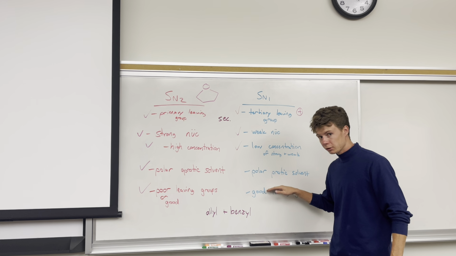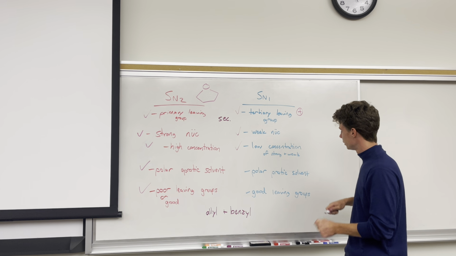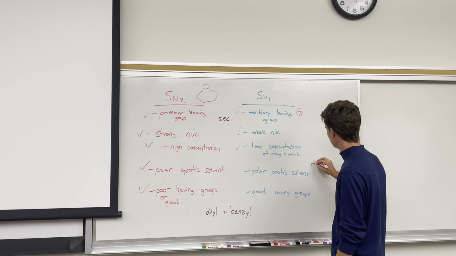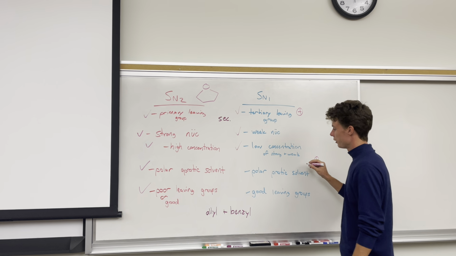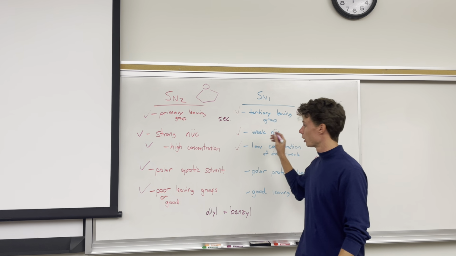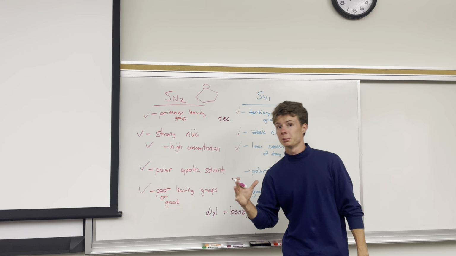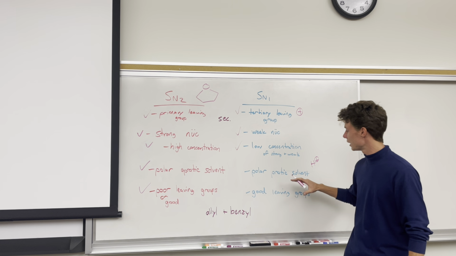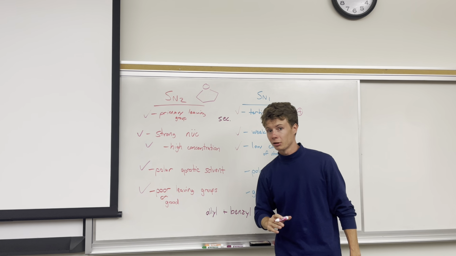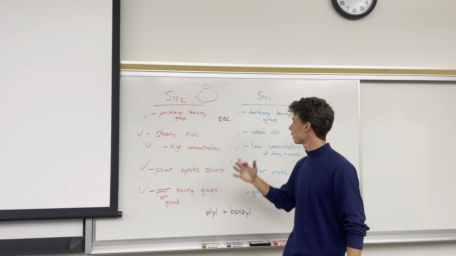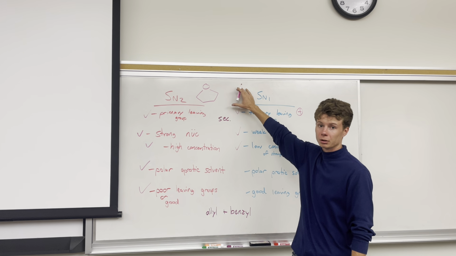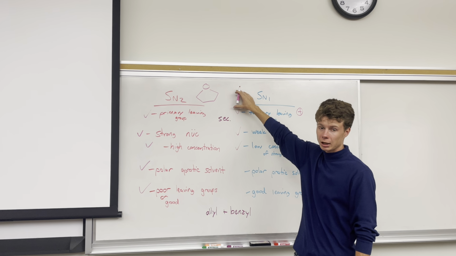Polar protic solvents, so now we have a solvent that is going to interfere with our nucleophiles, okay? It's going to weaken our nucleophiles because some of those nucleophiles are going to interact with our polar protic solvent instead of what we actually want it with, our starting material, our electrophile, okay?